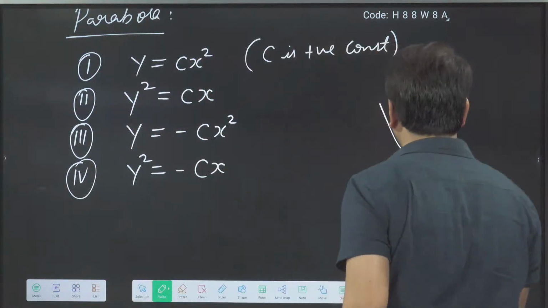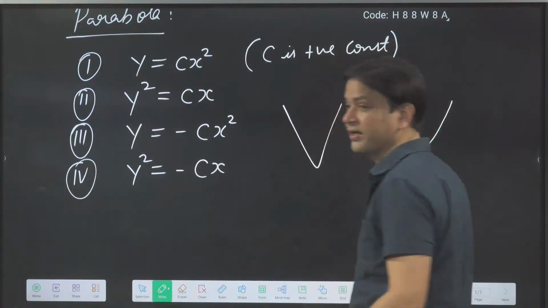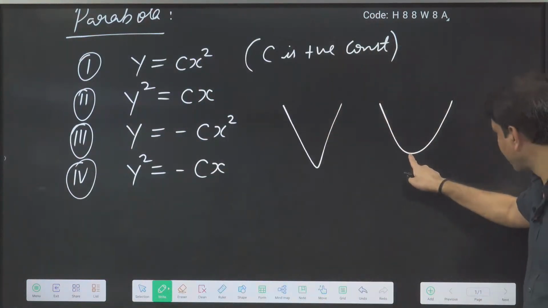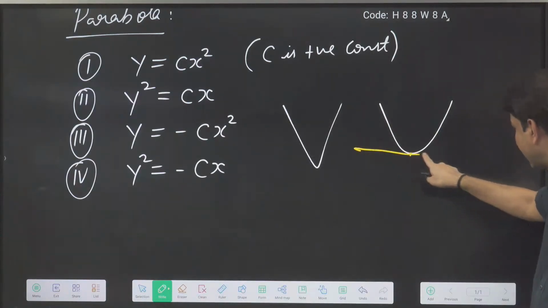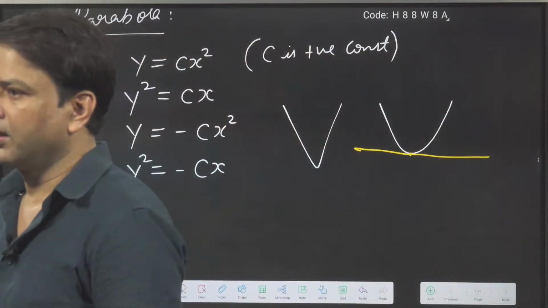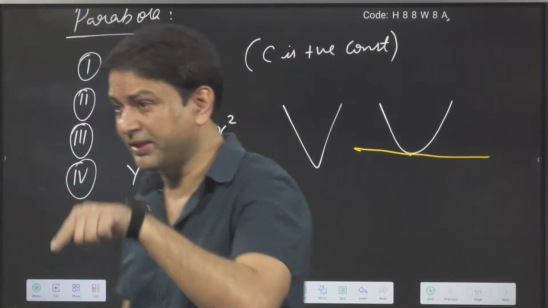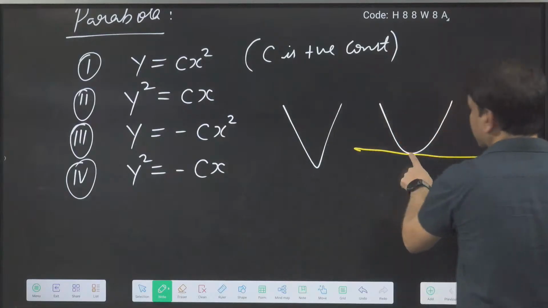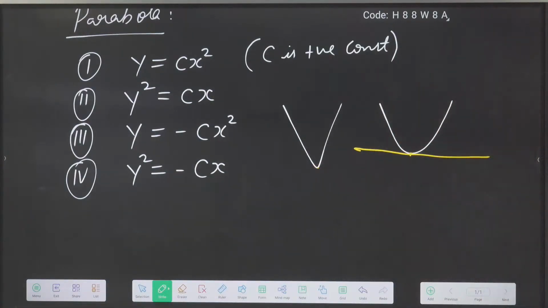We will not make the parabola like this. Remember that this point is called the vertex of the parabola, and at this point this line will be the tangent. So you have to make the parabola like that. At this point it has to be smooth, not a corner.